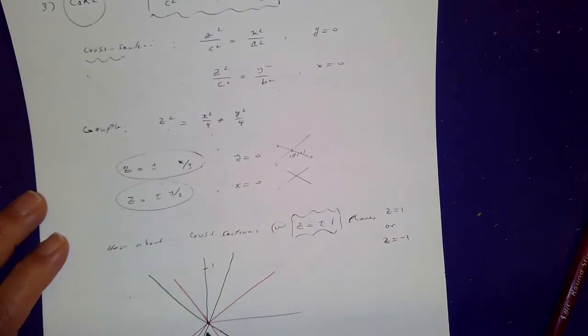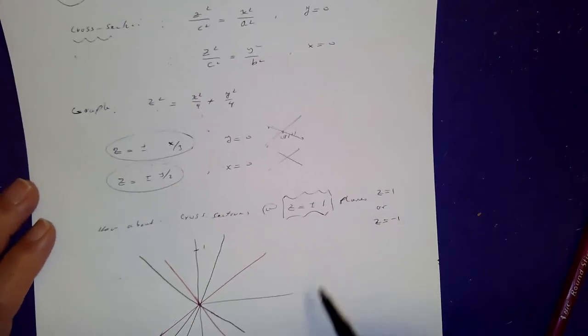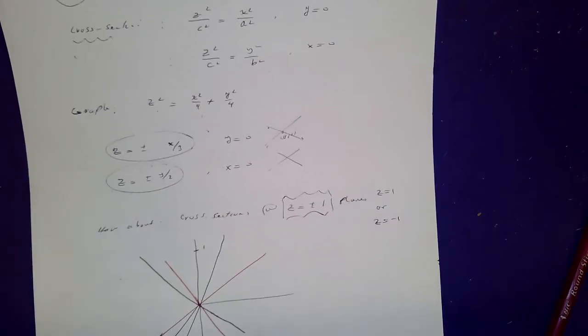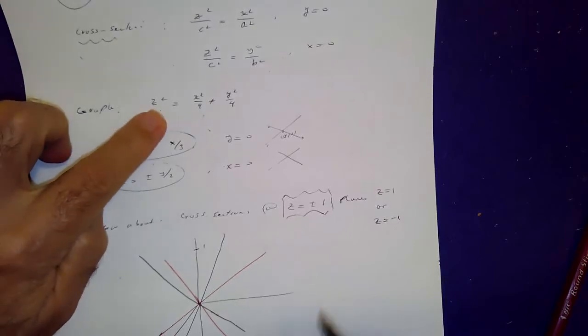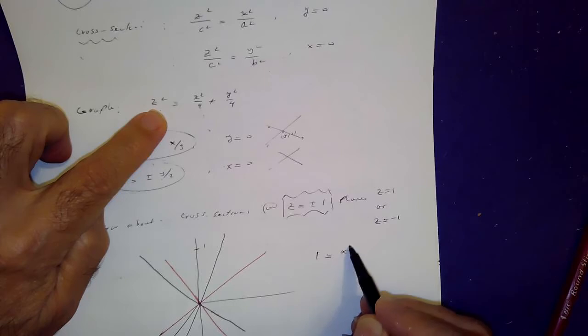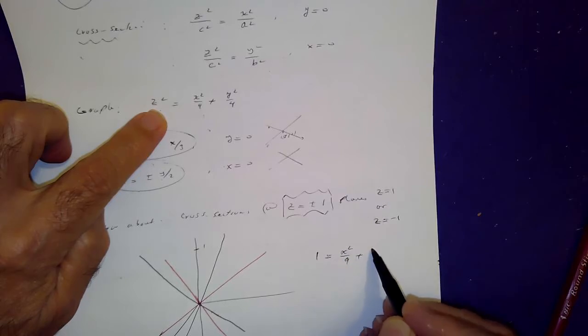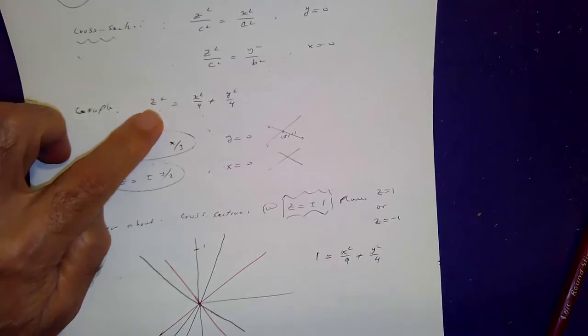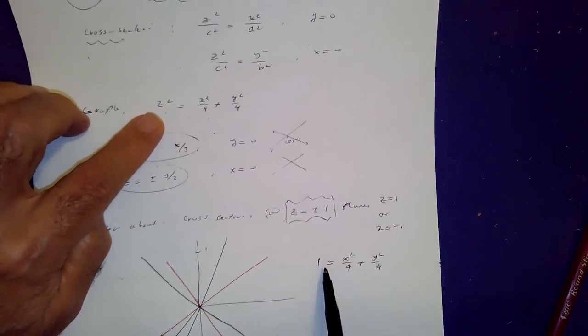In other words, what's happening right here and here? Well, if you replace z with ±1, you get this, because whether you replace the z with plus or minus 1, you always get +1.